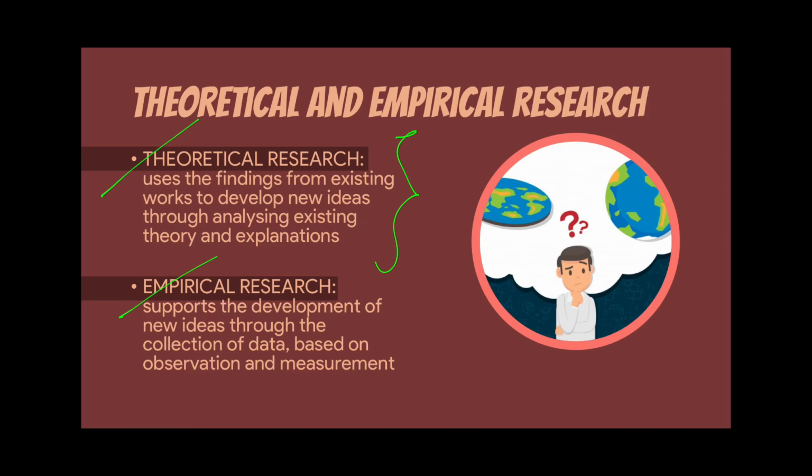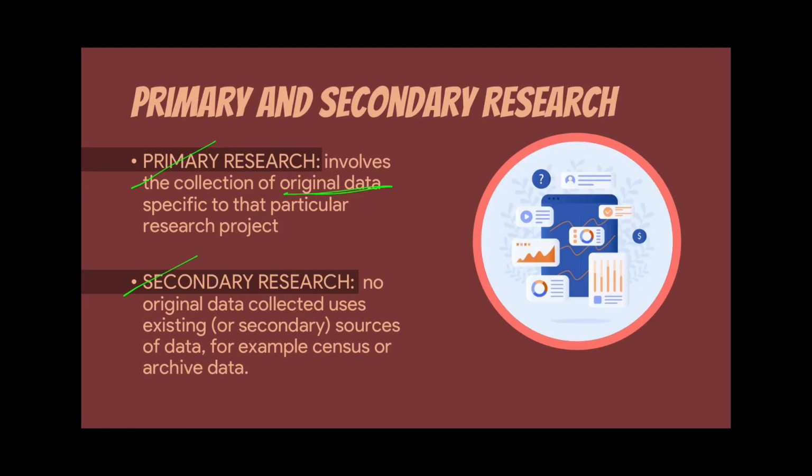In your case, as students, you're supposed to be doing empirical research for your thesis. And for primary versus secondary, you're usually asked to do primary research because you have to exemplify or demonstrate your learnings in conducting social research methods.